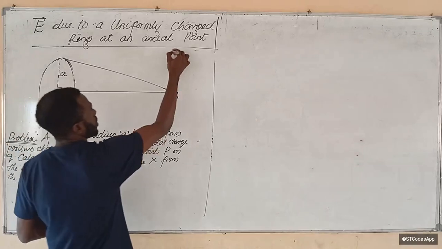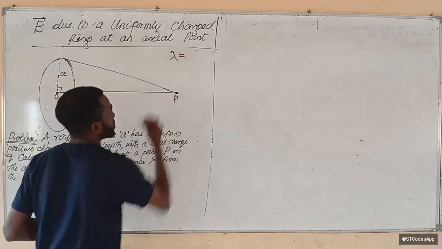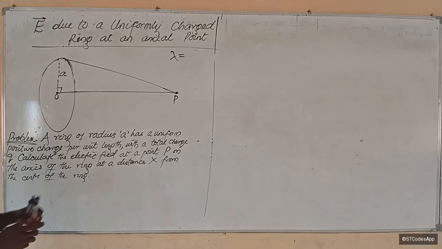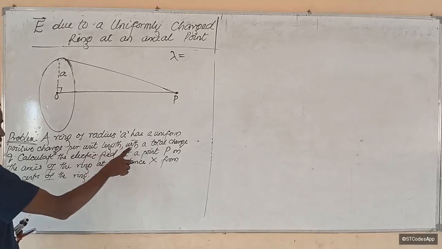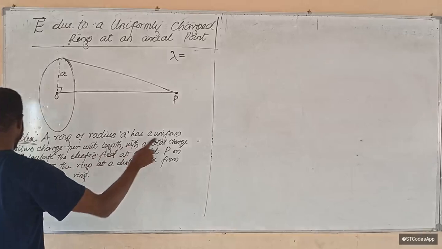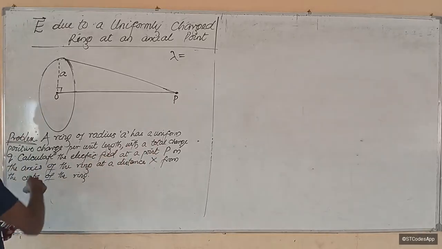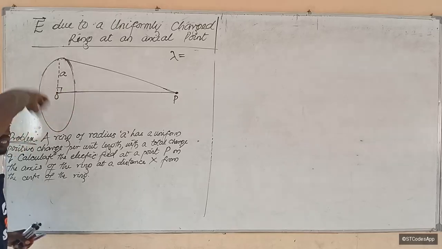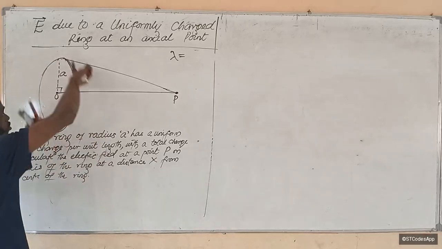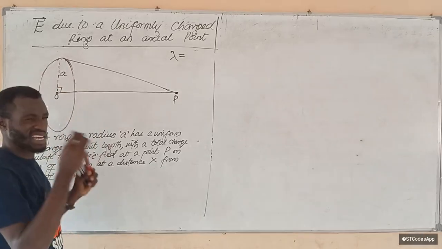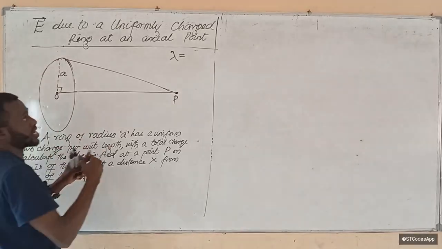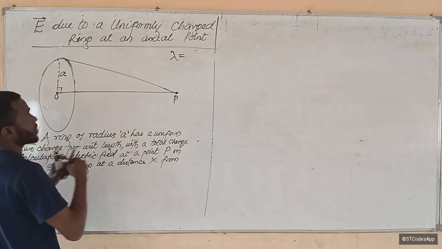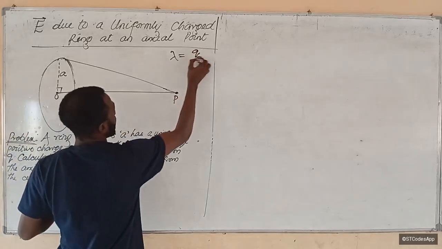Remember that lambda is our notation for charge per unit length. It says it is uniform with a total charge Q. So the total charge on this ring is Q, but that Q has been distributed uniformly into tiny little bits of charges here, and our charge per unit length is given by Q per length, right?